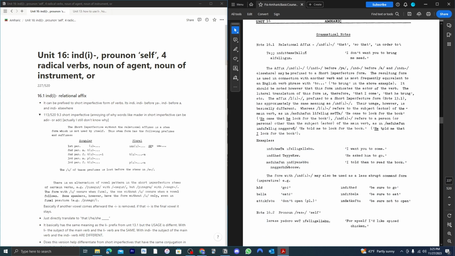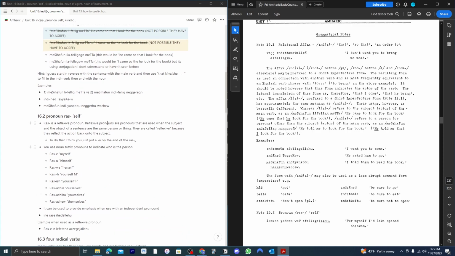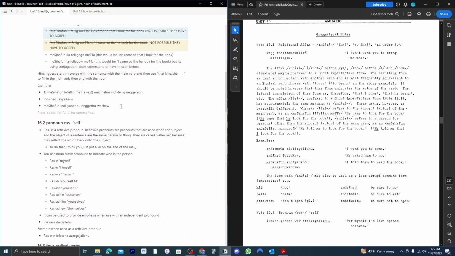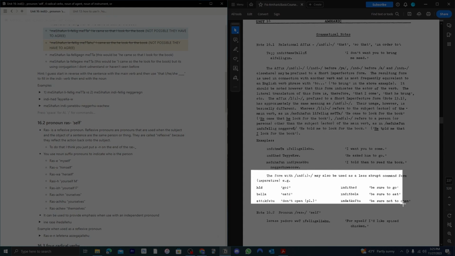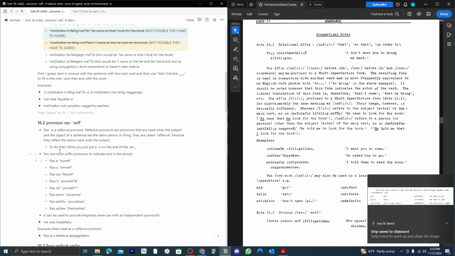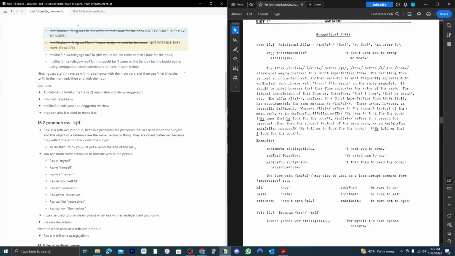May also be used as a less abrupt command form. Oh, I didn't take notes on this actually. Pretty important to probably know this. Inditahid, Inditabella, okay. Yeah, let me take a quick screenshot of this. It can also be used to make less intense imperative commands.